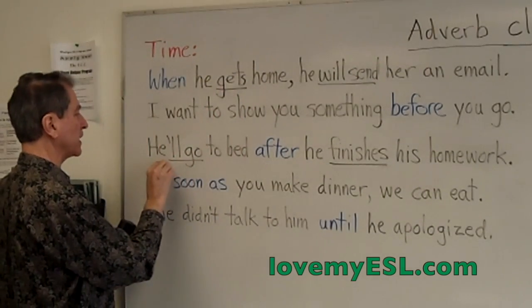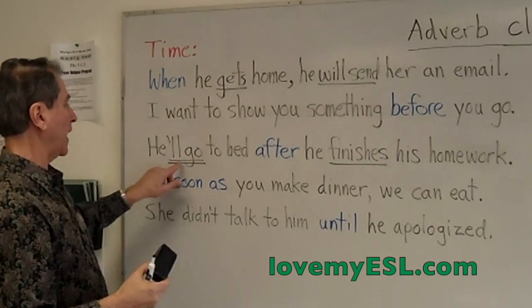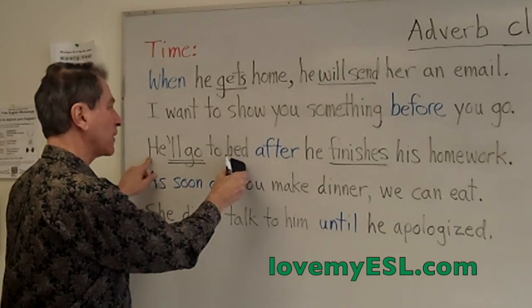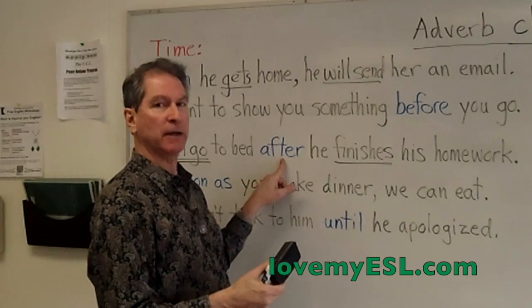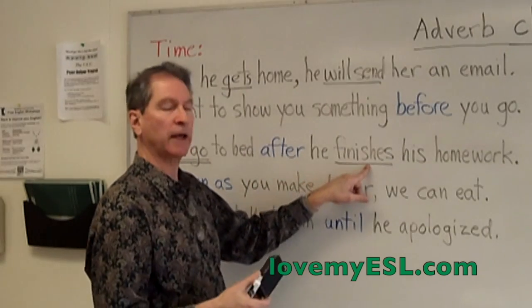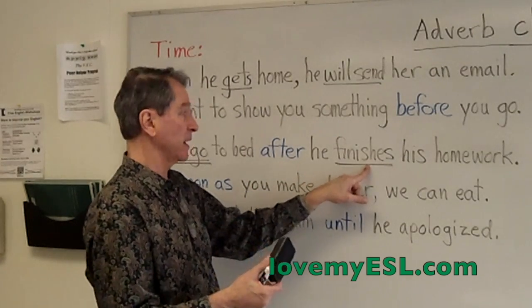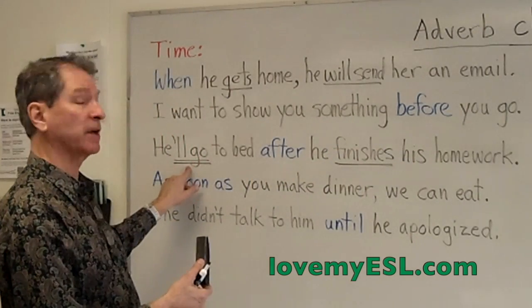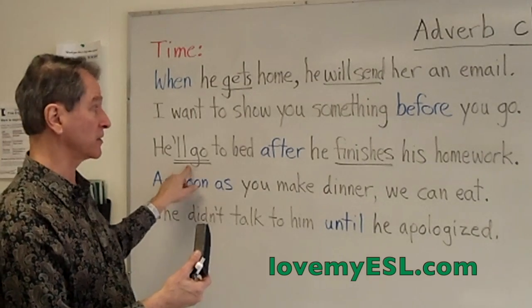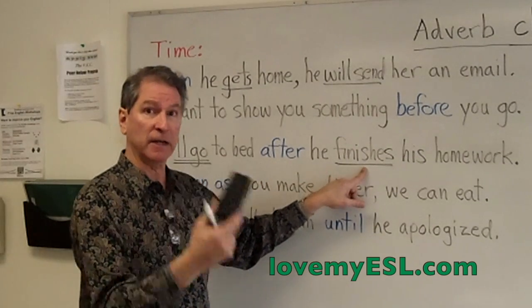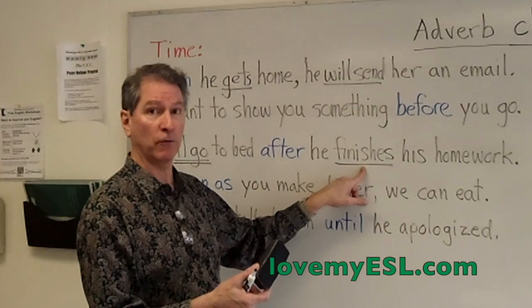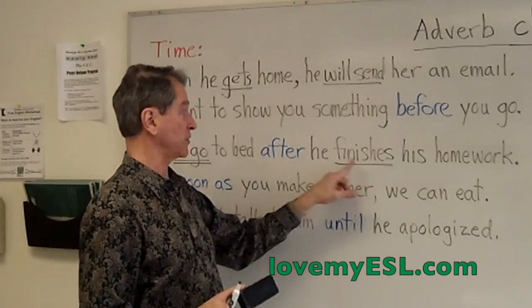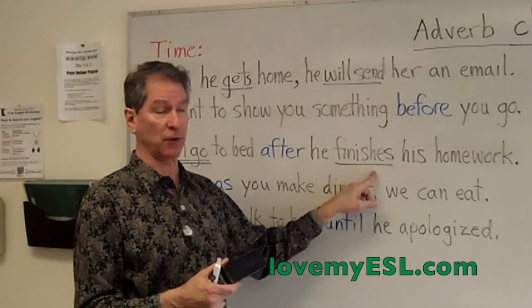Even though it's a future idea, he will go, I have the future over in my independent clause, but in my dependent adverb clause, I must only have simple present tense. That doesn't mean this is present, it means this is future, and you can see it's future because it's future over here in the independent clause. But it is incorrect to use the future over here in your adverb clause. So, after he finishes his homework.